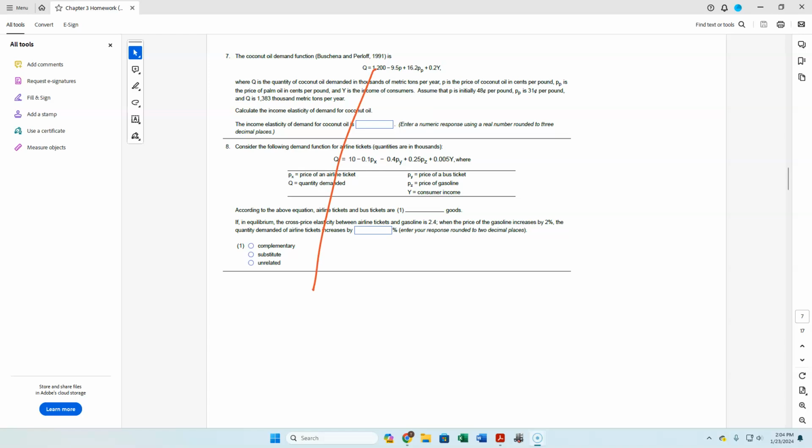It's asking us for the income elasticity of demand, which we know to be delta Q over delta Y, times Y over Q. My Q here is 1383.